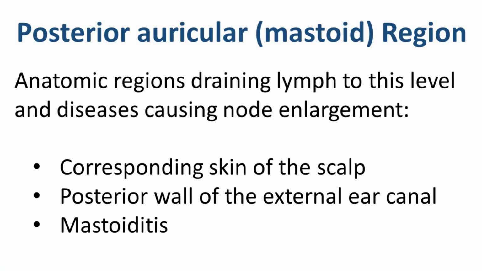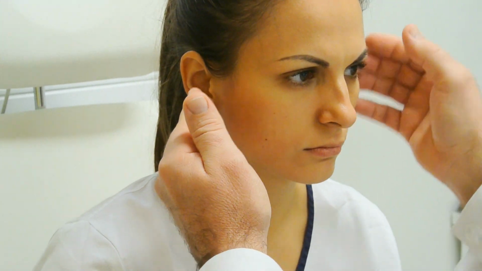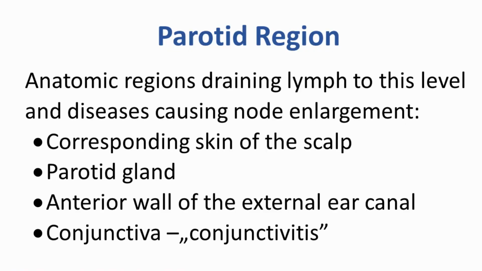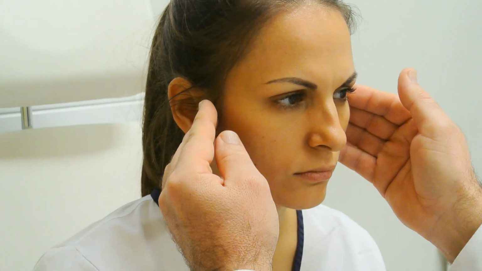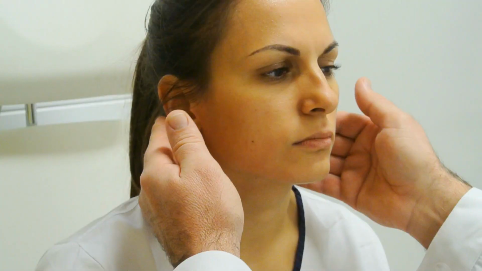Also, these regions can have corresponding scalp skin lesions, and the parotid region, which is in front of the auricle, corresponding scalp skin, parotid itself, or external otitis, or even conjunctivitis can cause lymphatic node enlargement.